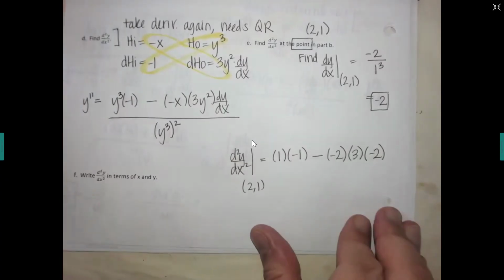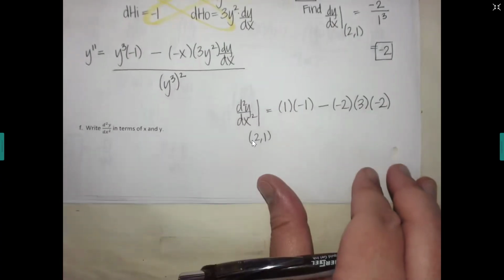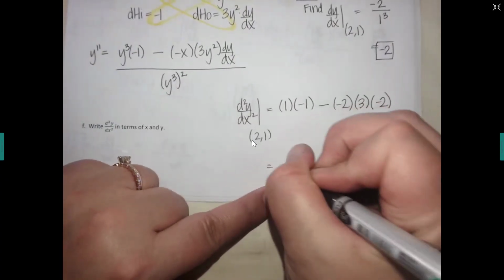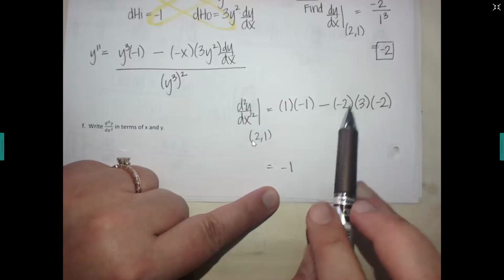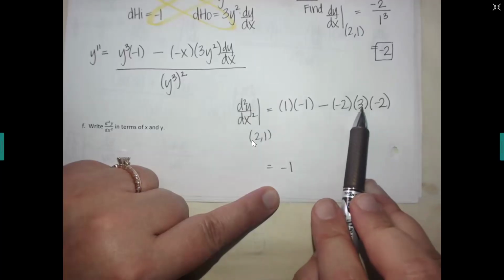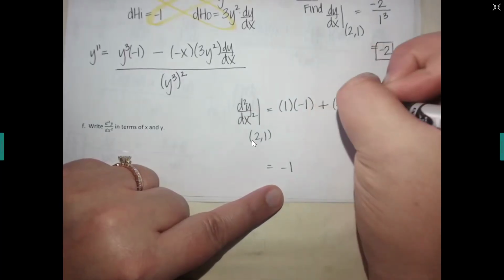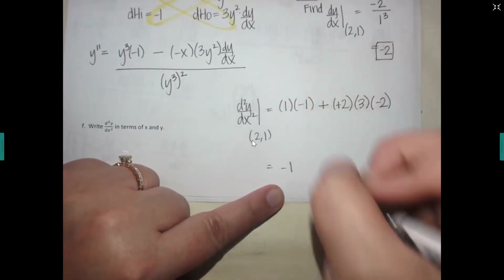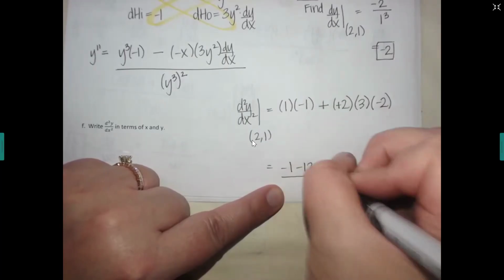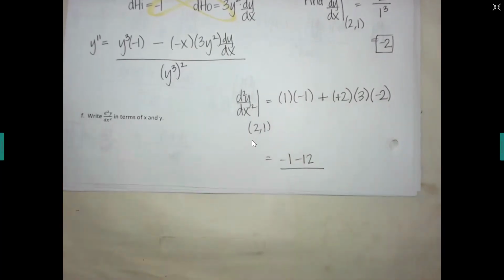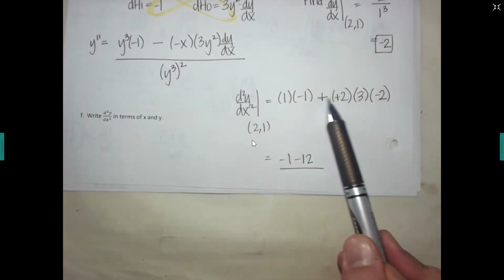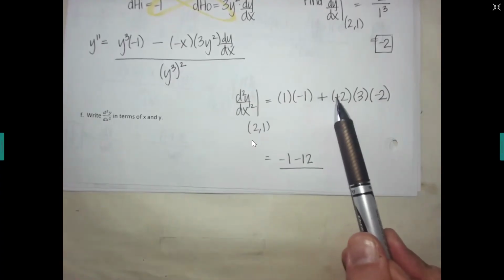So on the top, this would be a -1, and then -2 times 3 is -6. That would then be a +12. But hold on, 2 of these negatives are going to cancel out, so it'll come out to be a -12. I took these 2 negatives and just canceled them so I didn't have so many.